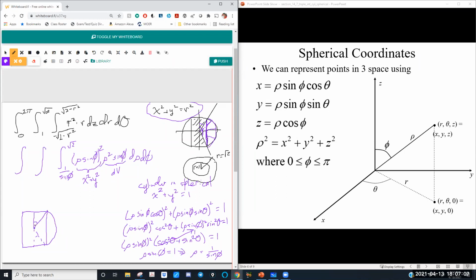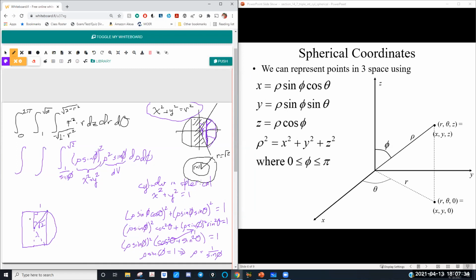Now, let's think about what we know in this triangle, because we do have a right triangle here. We know that this side is 1 because that's the radius of our cylinder. We know this side is rad 2 because that's the radius of our sphere, right? It goes from the center to the edge of our sphere.